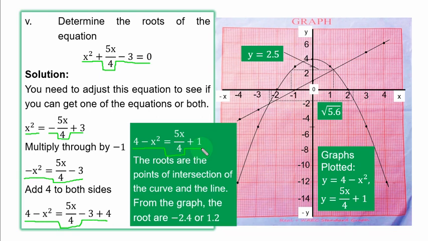So the roots of that equation are the points of intersection of the curve and the line. So this is one point of intersection of the line and the curve. This is the second point of intersection of the curve and the line. So when you trace to the s axis, you have minus 2.4 or 1.2.